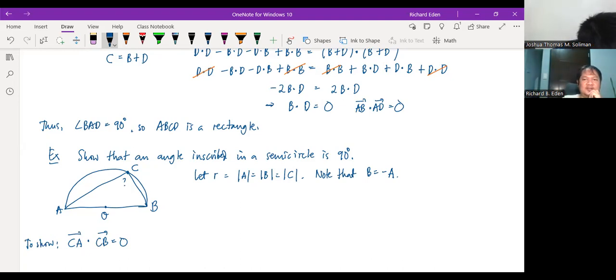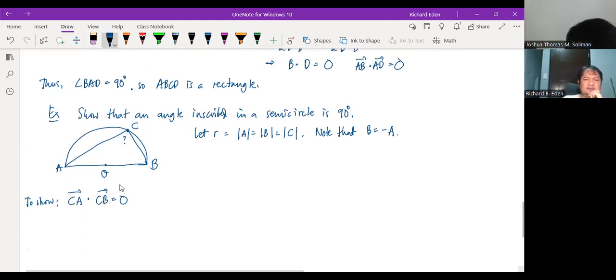So what we have to do is represent CA and CB. CA is A minus C. CB is B minus C. Okay, so let's take the dot product.